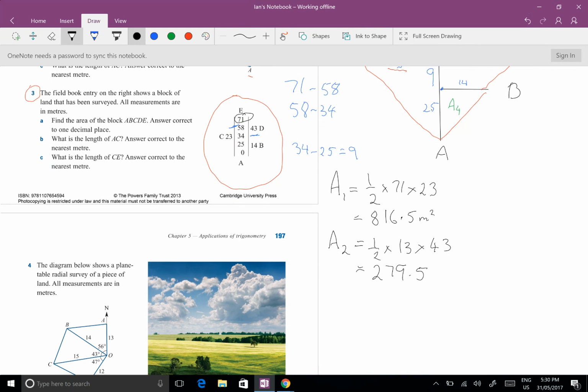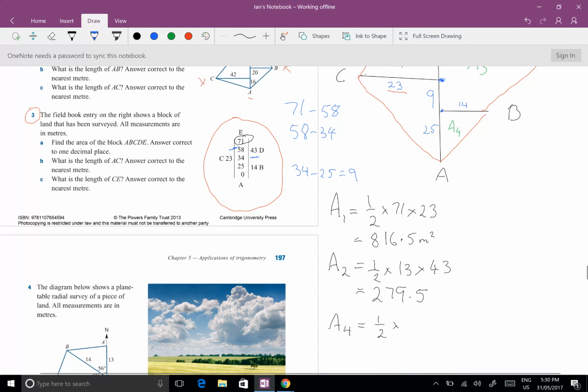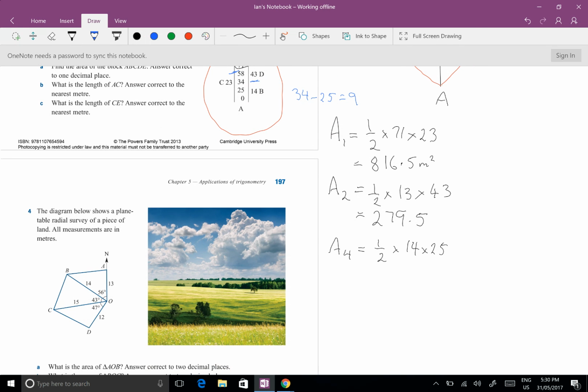I'm going to jump to area 4 because it's a triangle as well, and it's pretty easy. So half times, and the dimensions are on here as well, 14 and 25. That's 175.